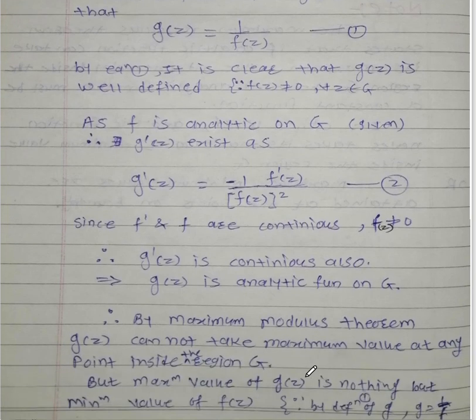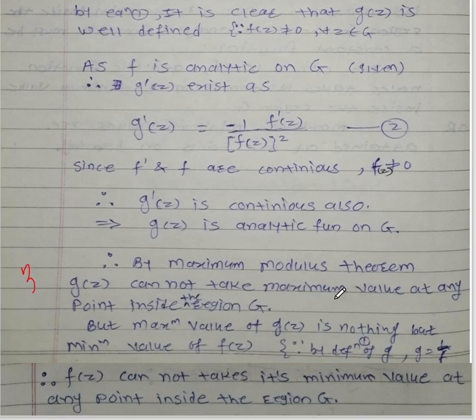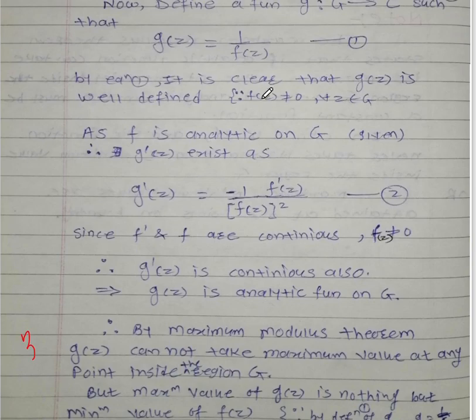Therefore, by using the maximum modulus theorem, g of z cannot take its maximum value at any point inside the region G. Here we are using note number 3. But the maximum value of g of z is nothing but the minimum value of f of z, by the definition g equals 1 upon f of z.